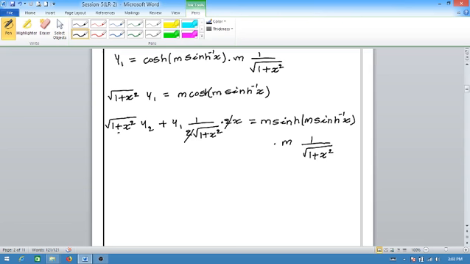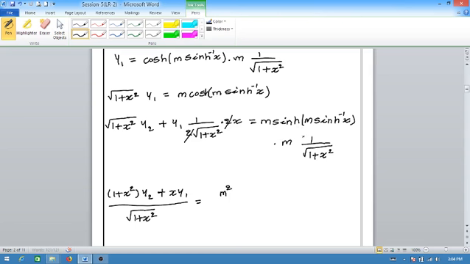Then if I multiply here, root of 1 plus x square into root of 1 plus x square is 1 plus x square into y2, plus x into y1, divided by the LCM, root of 1 plus x square. So that is equal to m into m, which is m square.